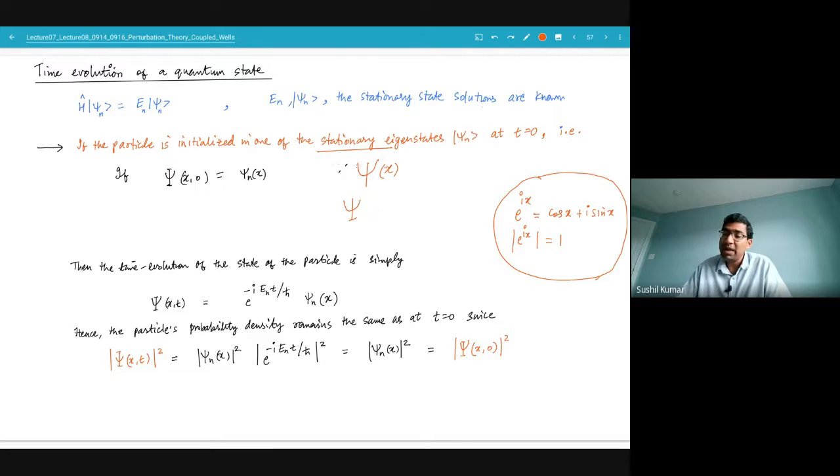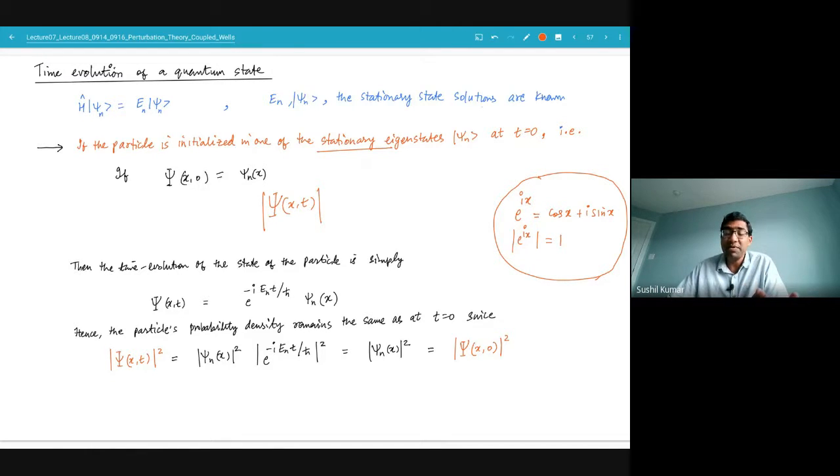So if you initialize your particle in one of the stationary states, psi sub n of x, that's what this means: the capital psi at time t0 is set to one of the stationary states. What's going to happen at time t equal to 1 second or 2 seconds? Stationary state means the probability density will remain the same over time.